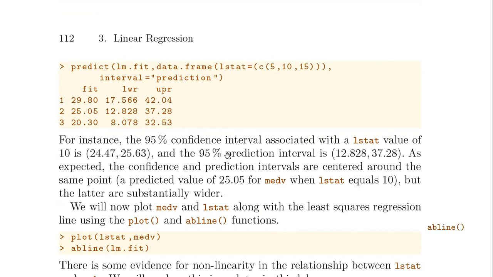And the 95% prediction interval is these two. As expected, the confidence and prediction intervals are centered around the same point, a predicted value of 25.05, but the latter is substantially wider. We really don't know what we're saying over here. What is this difference between confidence and prediction?